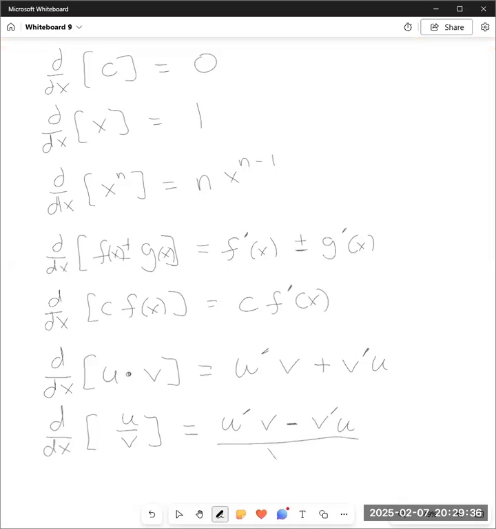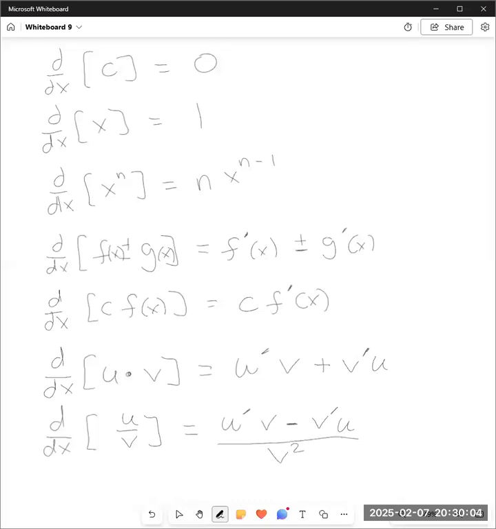I may not have said this in the video for the quotient rule. I talked a lot in the product rule about how order of multiplication didn't matter and order of addition didn't matter, and there were lots of different ways to write the product rule that were correct. Order of subtraction does matter, so you have to have this first part be the derivative of the numerator and the second part be the derivative of the denominator.